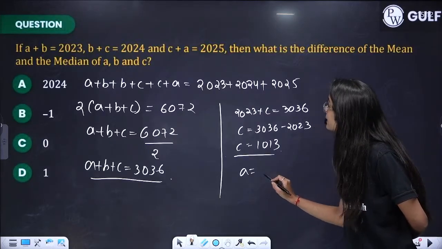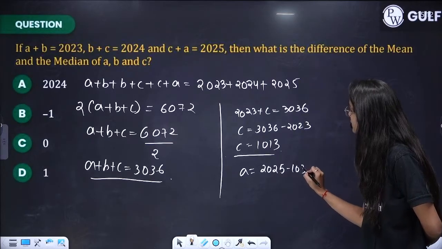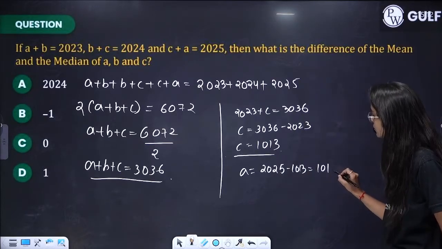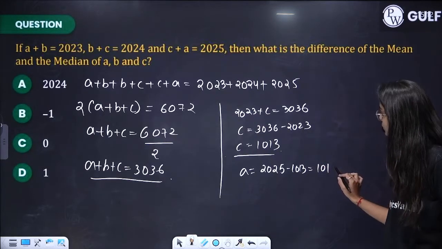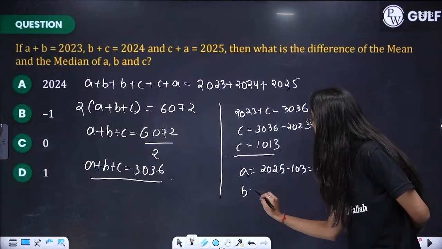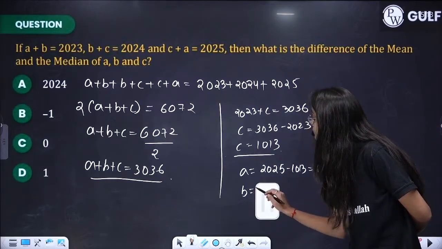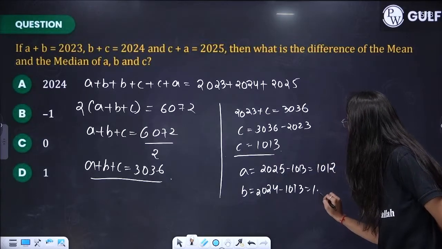So A will be 2025 minus 1013. That's 1012. And B will be equal to 2024 minus 1013, that is equal to 1011.